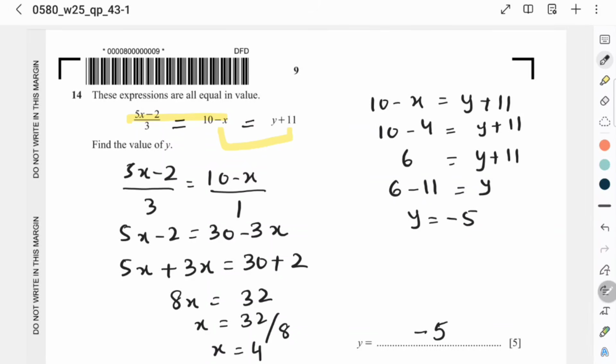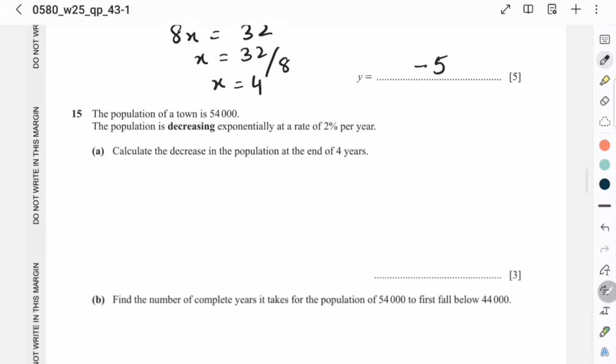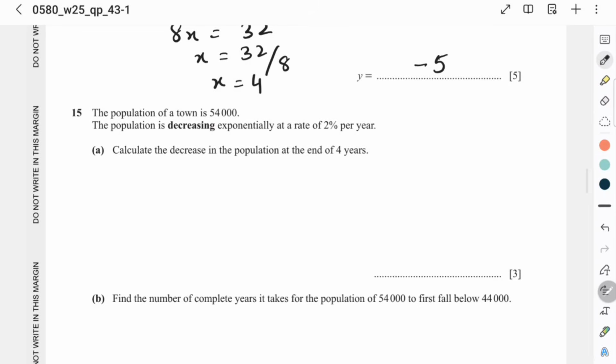Okay, now question number 15. The population of the town is 54,000. The population is decreasing exponentially. So that is equal to 54,000 times 1 minus 2 upon 100, to the power of 4.